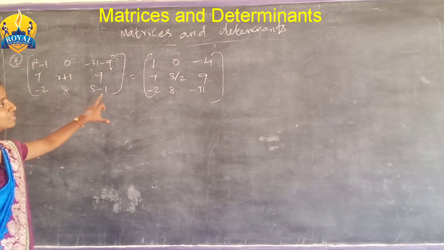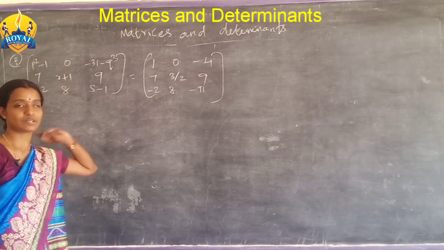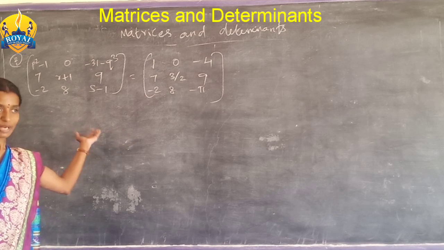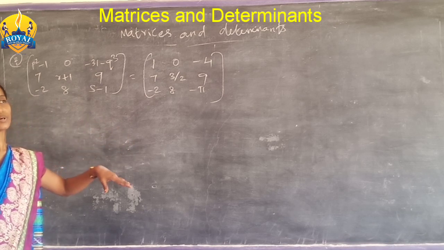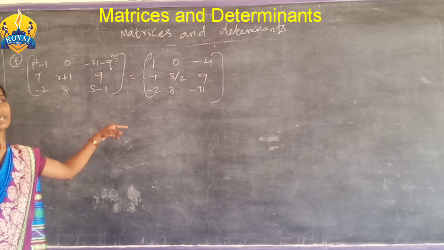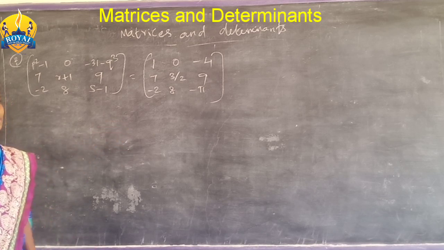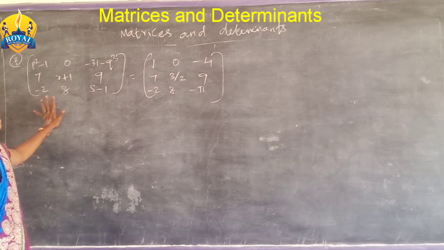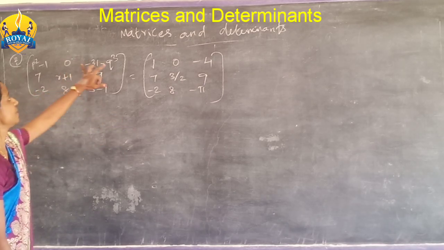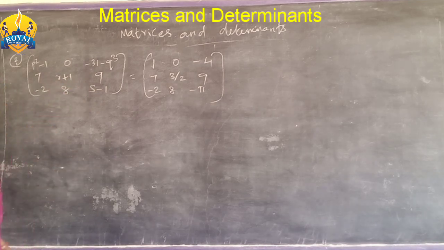Here the order is the same, 3 cross 3, and here also 3 cross 3. And the corresponding entries are equal. So using equality of matrices, I am going to find the unknowns P, Q, R and S.